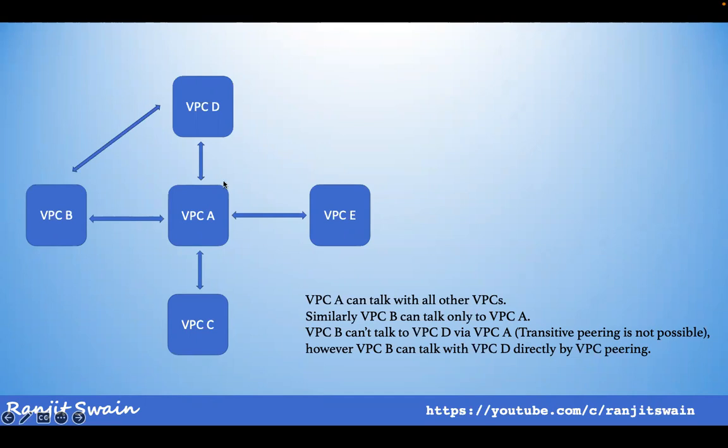However, VPC B can talk with VPC D directly via VPC peering. So B can talk with D directly, it cannot go through VPC A. So in this diagram, it is actually not transitive, it is direct peering between B and D.